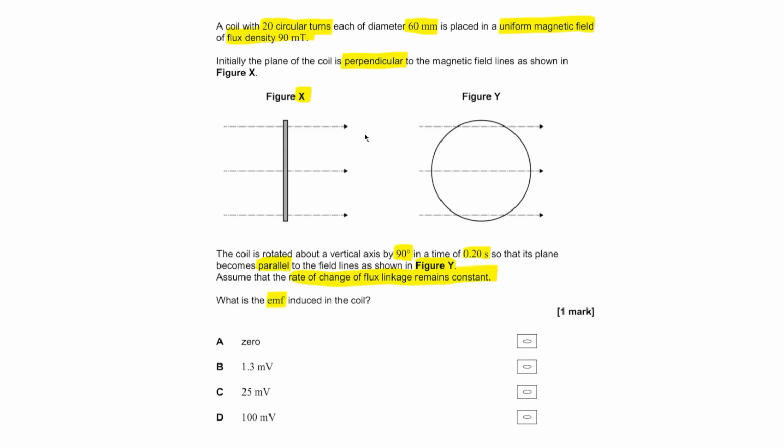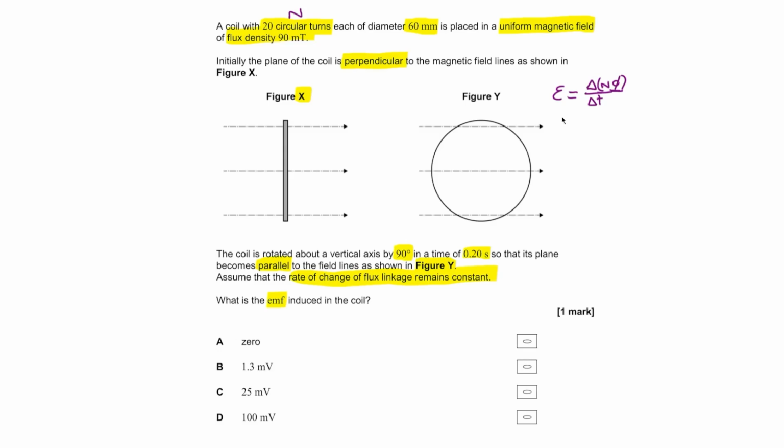In this question, since we are dealing with an induced EMF, it is helpful to consider the equation for an induced EMF in terms of the rate of change of magnetic flux linkage, specifically that the induced EMF is equal to the rate of change of the magnetic flux linkage N times phi, where N is the number of turns in the coil, in this case 20, and phi is the magnetic flux.